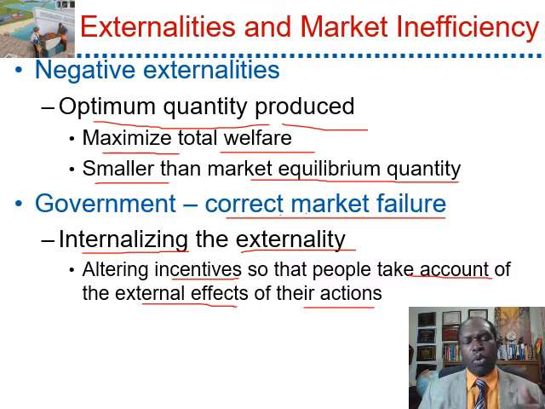For instance, the government could tax the polluter for each unit of the good. In this case, each unit of the aluminum produced, so the polluter would pay a tax for each unit of the product produced.